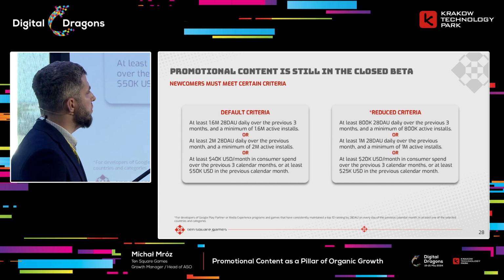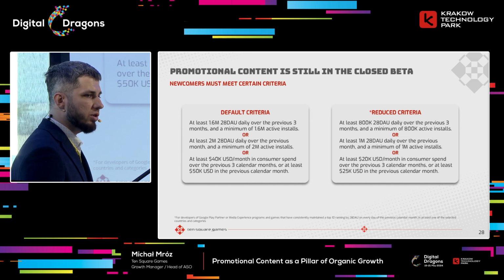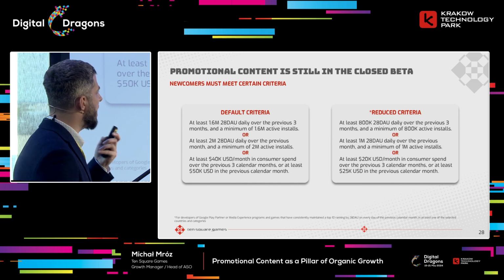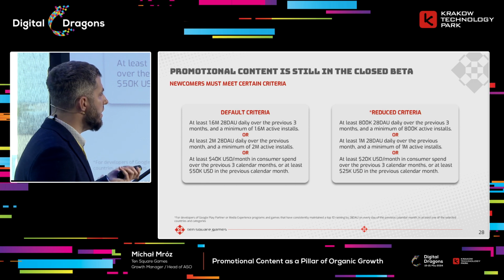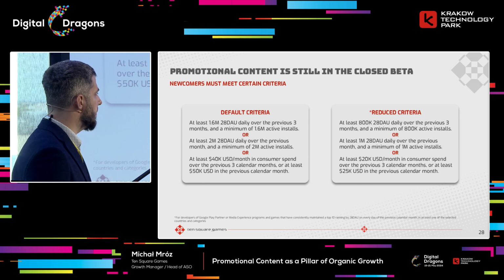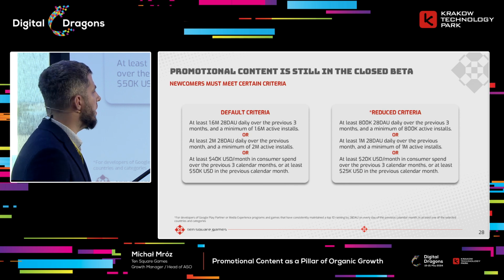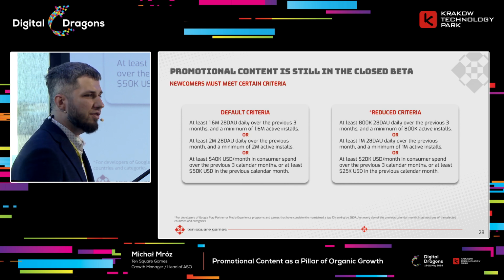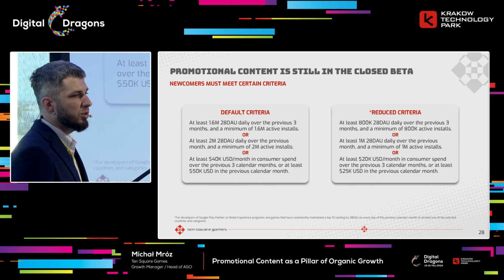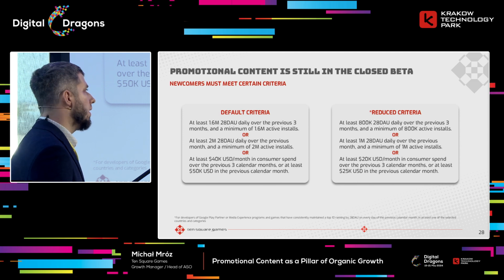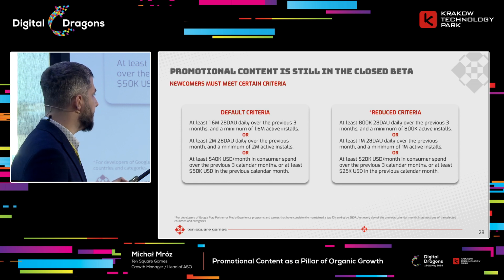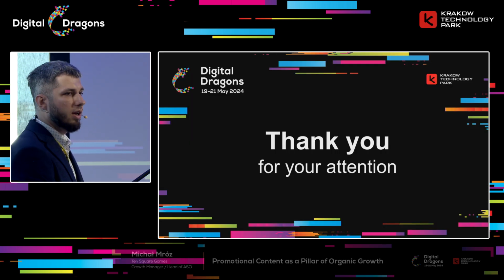But in general, if you're not in the promotional content program right now, you can apply for it, and then you can use it. Otherwise, you have to wait for the full release, which doesn't have an official ETA. I heard some rumors it should be later this year, but these are just unofficial rumors, so take it with a grain of salt.